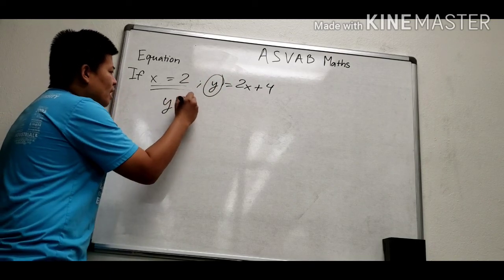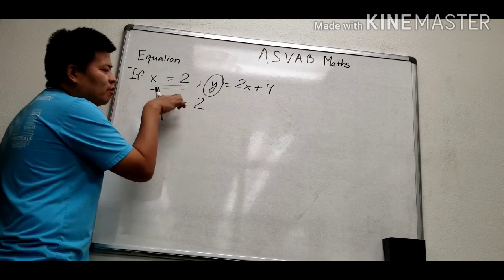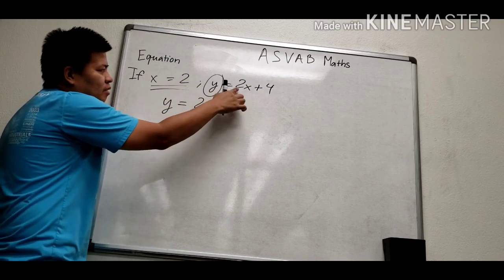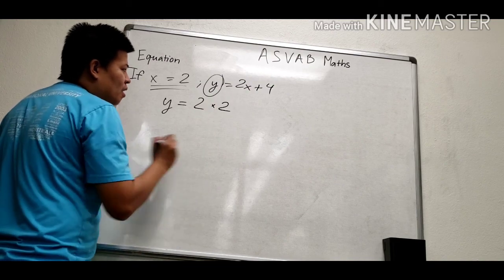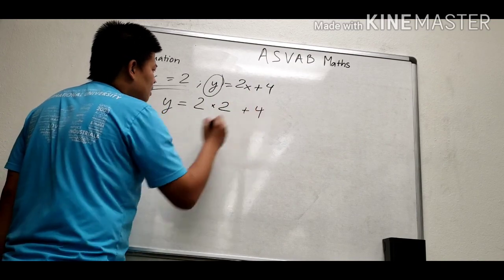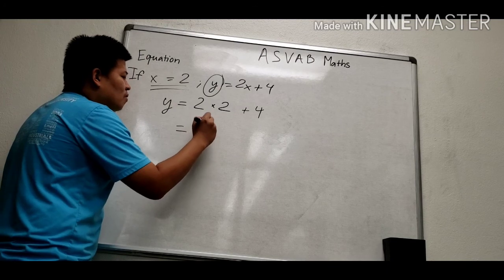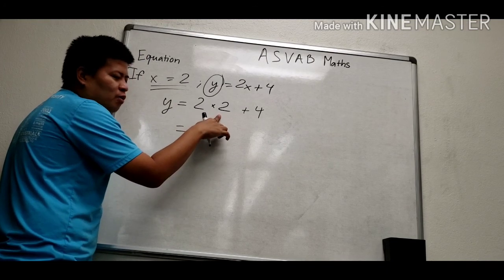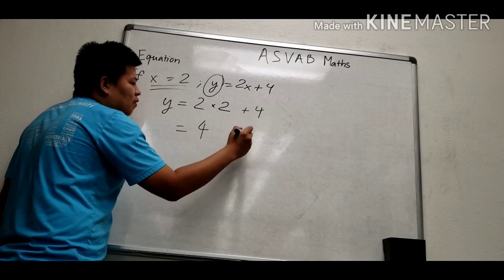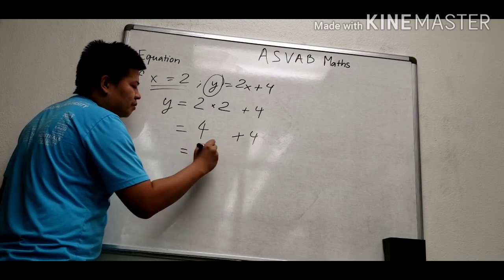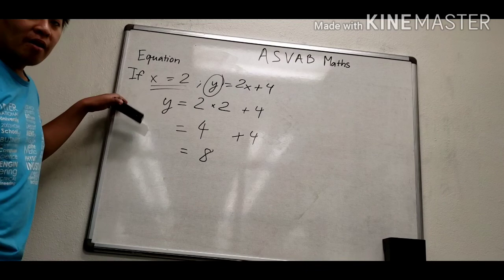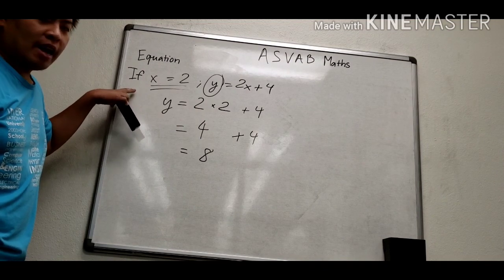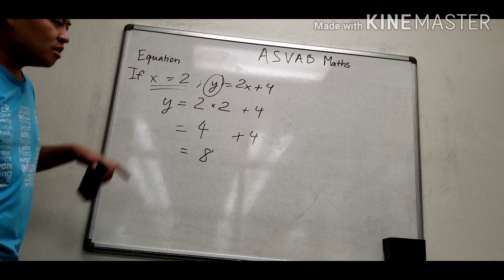We have 2s in here, so we multiply 2 with 2, and we get 4. So 2 multiplied by 2 is 4, and 4 plus 4 is 8. So this is a real example of what they will ask in the ASVAB.